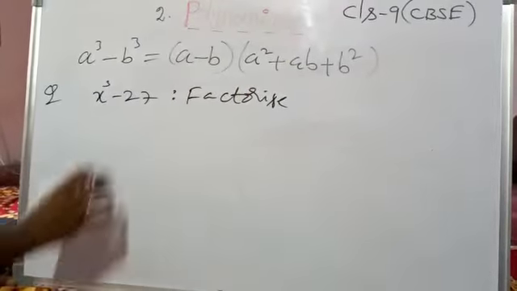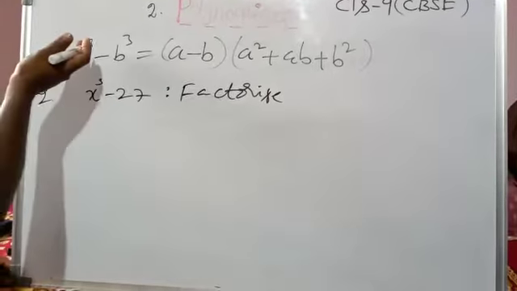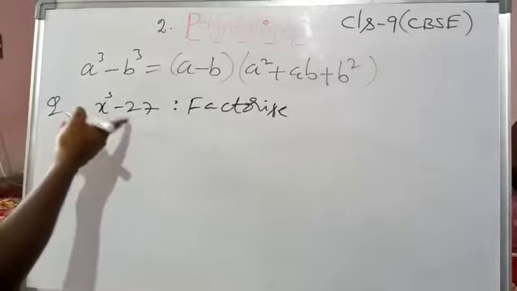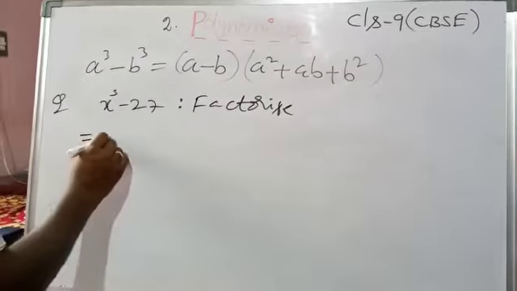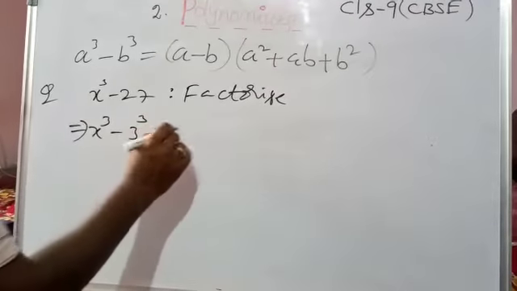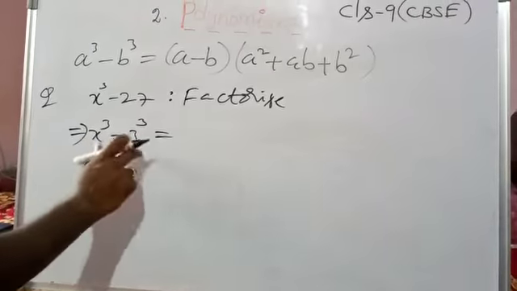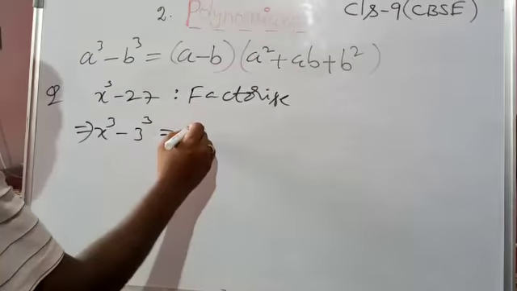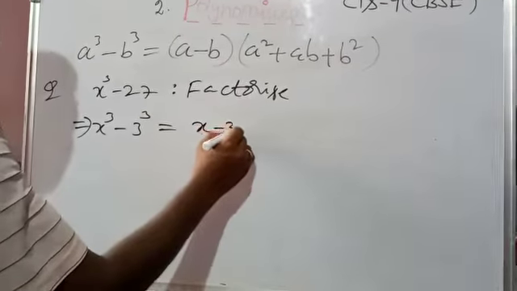How can you factorize this polynomial, students? Very easy, just compare with the identity a cube minus b cube. This looks like a cube minus b cube, so you can write x cube minus 3 cube. So a minus b into a square plus ab plus b square. That means a minus b is x minus 3.